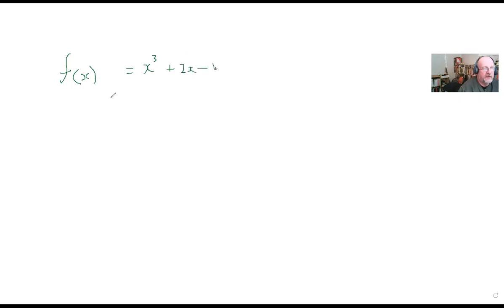And then you take the first derivative of that, 3x squared plus 2. And you make that equal to 0, and that will let you find out the values you're after. So let's actually take an example.